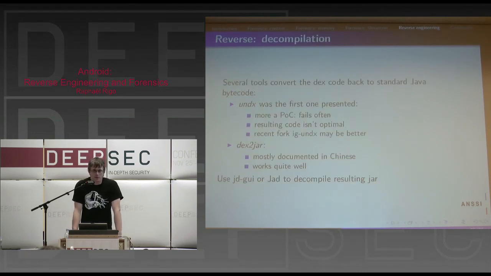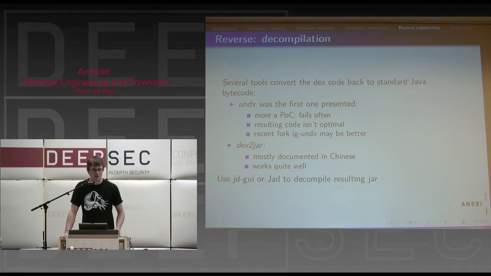And the next step after disassembly is decompilation. Of course, in Java, it has been done for years, but here the virtual machine is different, so it's not that easy. You have two main tools that are used to convert the Dex code from the Dalvik virtual machine back to standard Java bytecode. The first one was NDX.